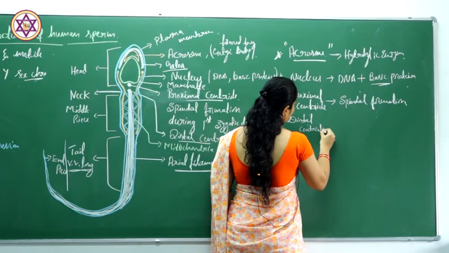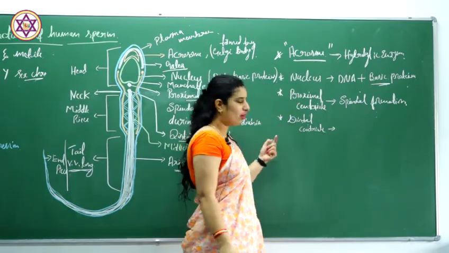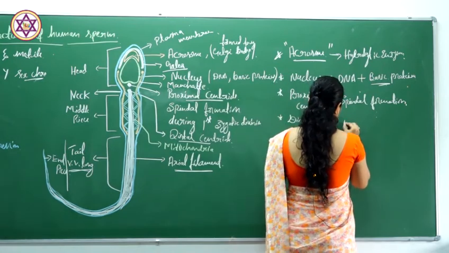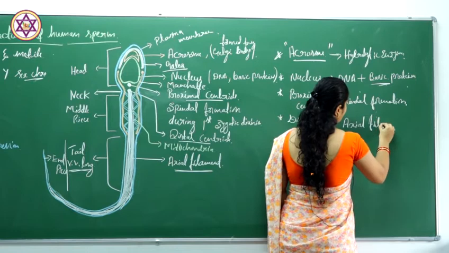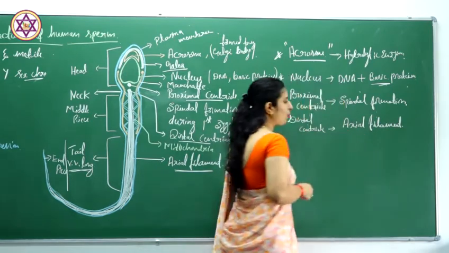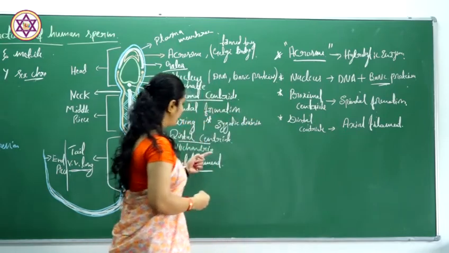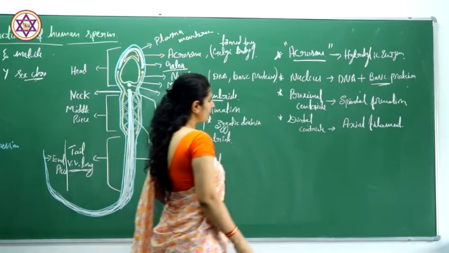Coming to the distal centriole, it gives rise to the axial filament. It helps to form the axial filaments.